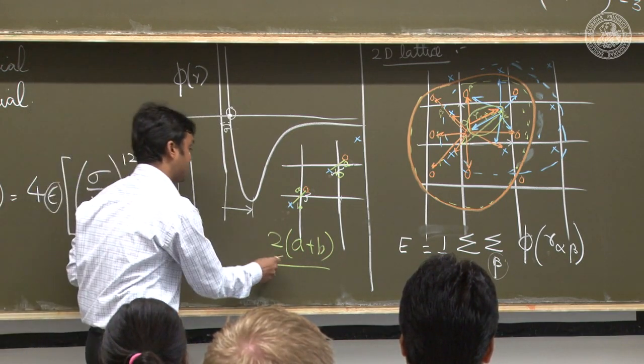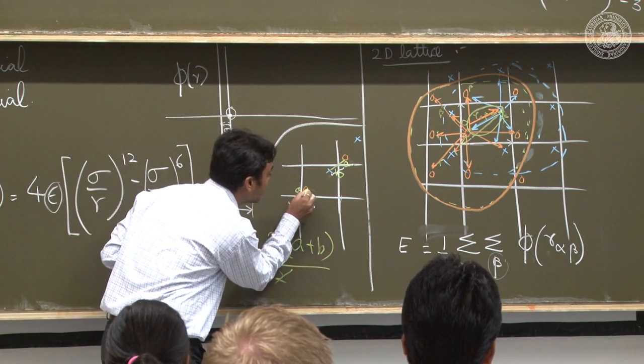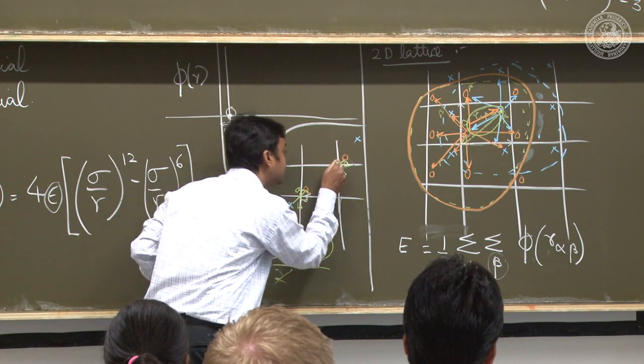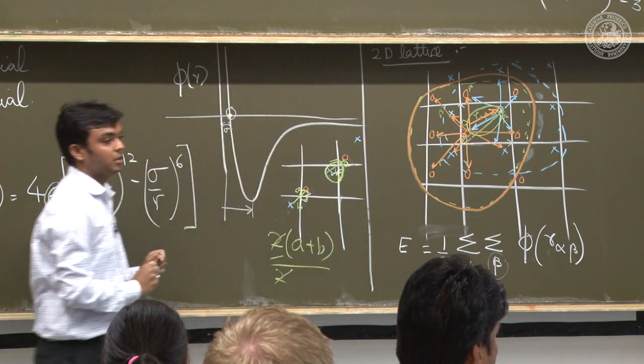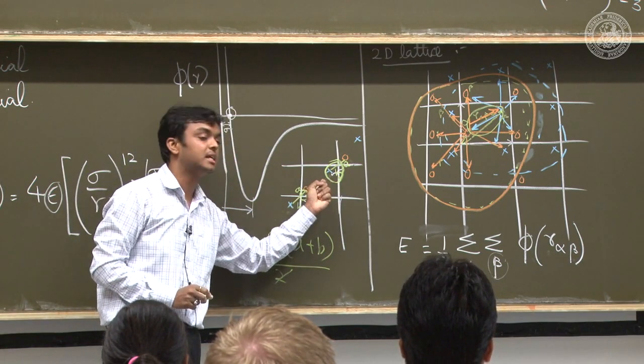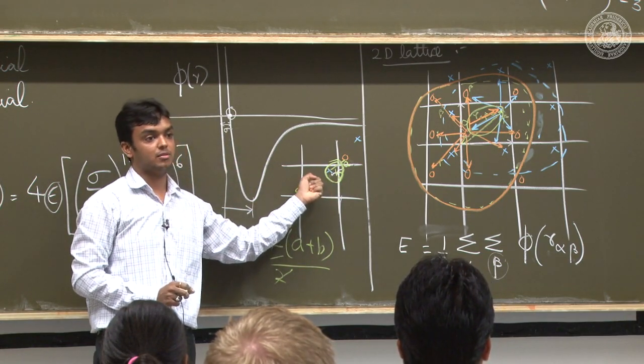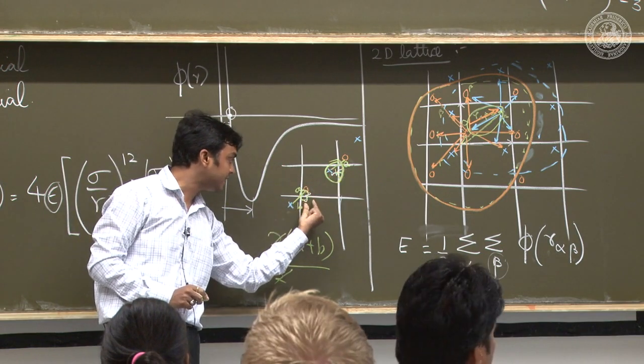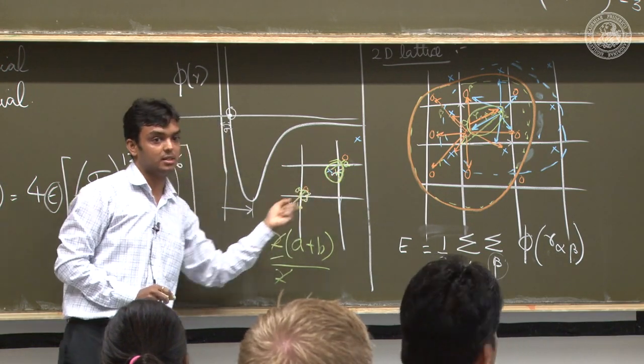That's why I need to divide by half, so that I only account for this energy and this energy, because that is the crossing bond which is present in this unit cell. Only this bond affects the energy of this unit cell.